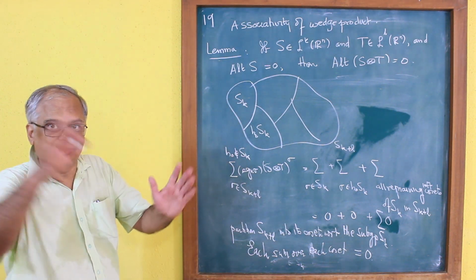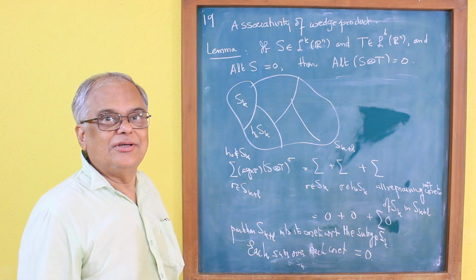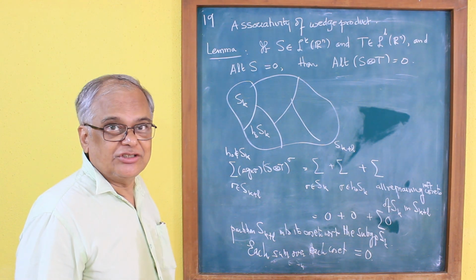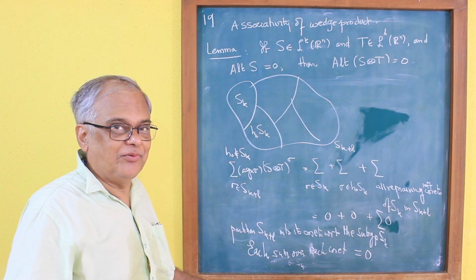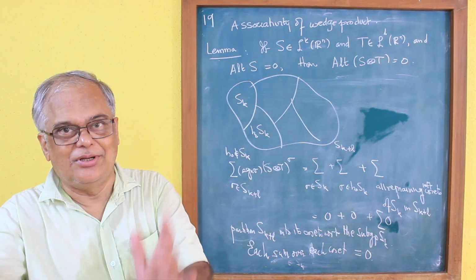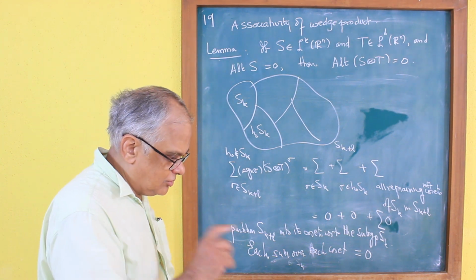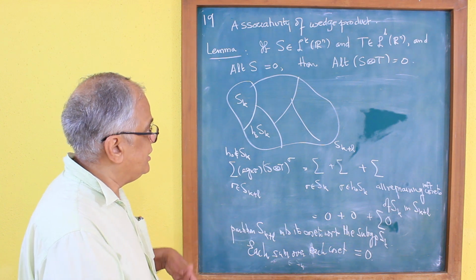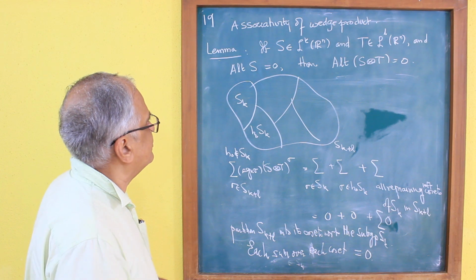So we are saying not only is the whole sum equal to 0, the sum over the smaller parts is also equal to 0, which I hope you understand tells you more information. Just saying that a certain sum is 0 gives you less information than saying that this part of the sum is 0, that part of the sum is 0, that part of the sum is 0, and in this way. So this is an important idea, that not only is the sum of the whole thing 0, but the sum over each left coset here is 0.